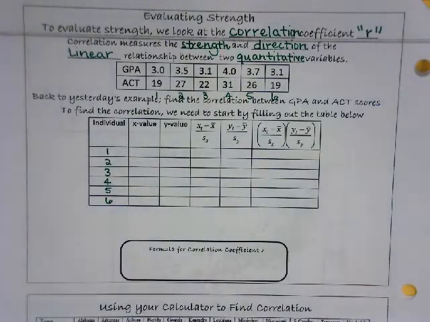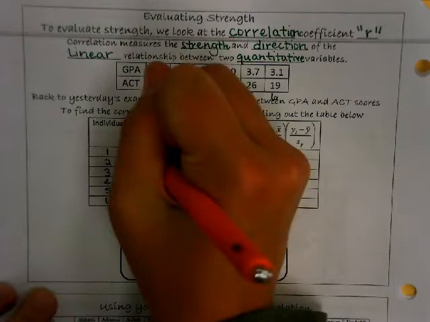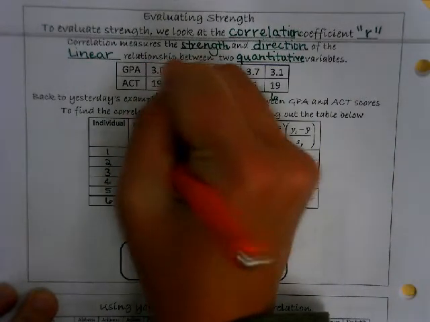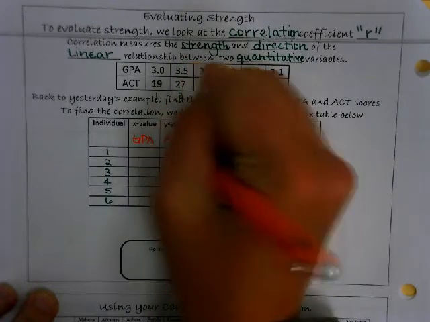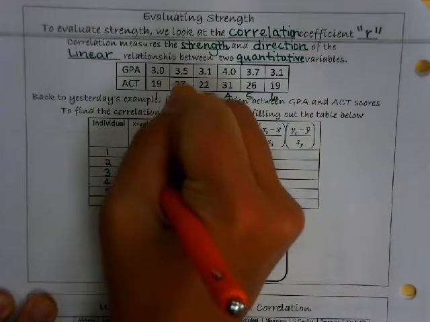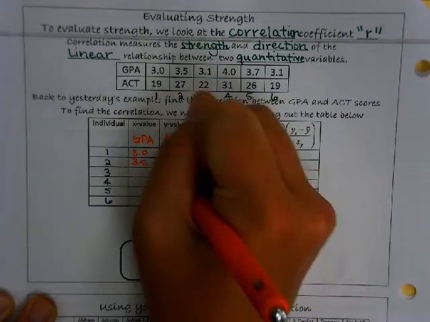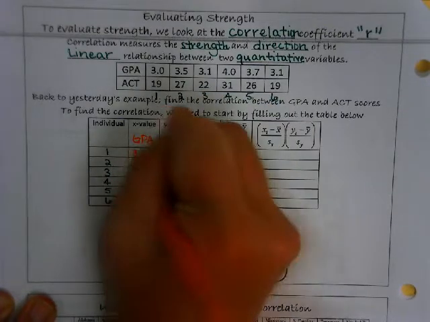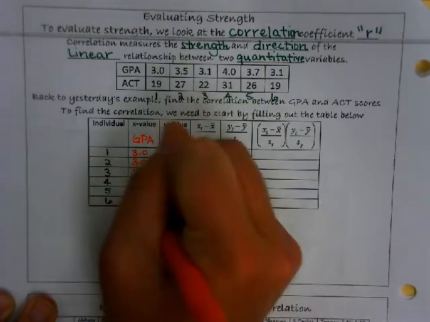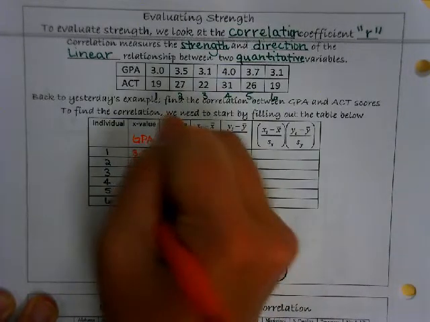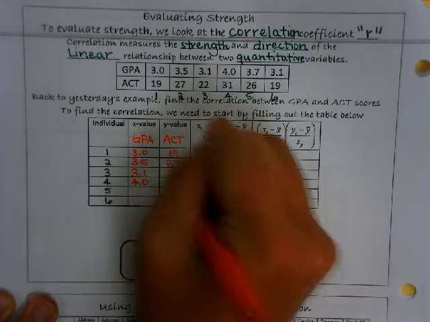Yesterday, Eric told us which one was X and which one was Y. GPA is our X, ACT is the Y. So this student had a 3.0 and a 19, 3.5 and a 27, 3.1 and a 22.